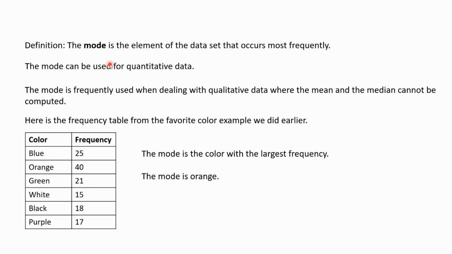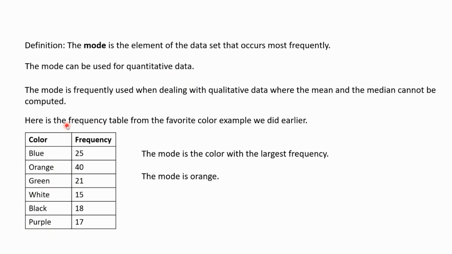Mostly we've been focusing on quantitative data, but you can use the mode for qualitative data, not the mean and median though, unfortunately. Getting the average of a bunch of colors, that's qualitative data, really wouldn't make sense. But the mode, however, you can use with qualitative data.